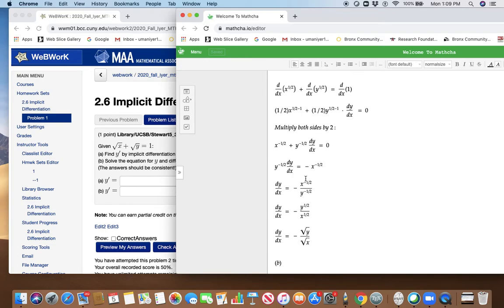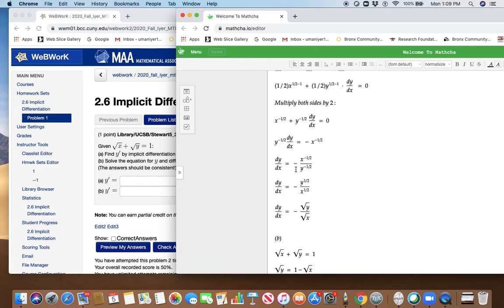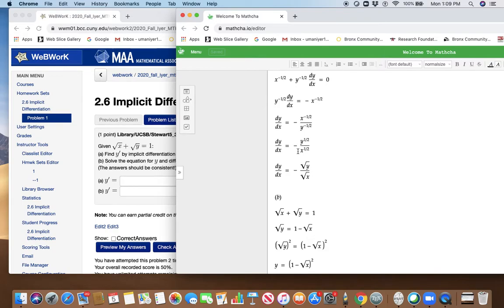So you have negative x to the negative half over y to the negative half. Now remember, powers can flip when you go to the other side. So y comes upstairs with positive power, x goes downstairs with positive power, and there was a negative up before. So dy dx is negative root y over root x.